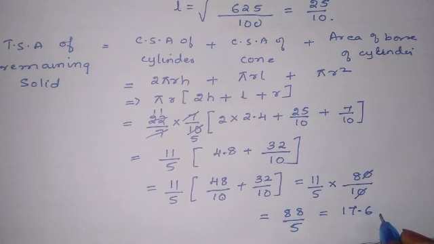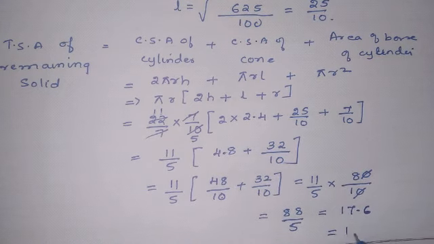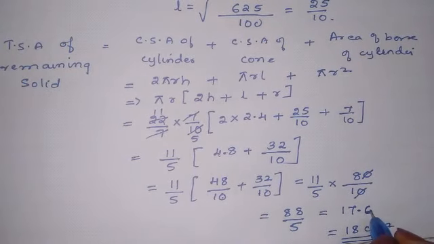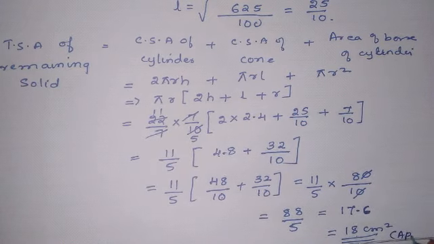After 17.5, if 6 is there, then it is nothing but 18 centimeter square. Why? If 17.4 was there, then we would have written 17 only. Here it is 17.6. After 5, the number 6 is there, so 18 centimeter approximately.